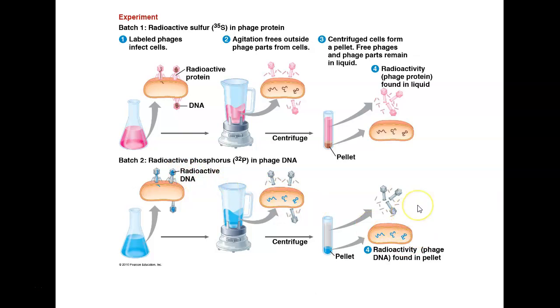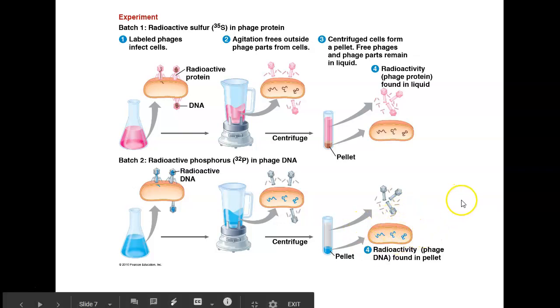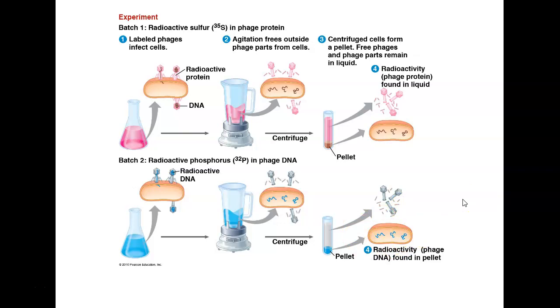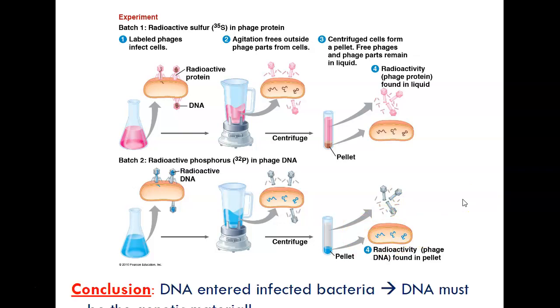So I guess the conclusion would be that the infectious material that the viruses or bacteriophages are using is DNA, because that is what is injected into the cell, versus the proteins of the virus, which are trapped on the outside. So DNA is what is entering the infected bacteria. Therefore, it must be the genetic material.